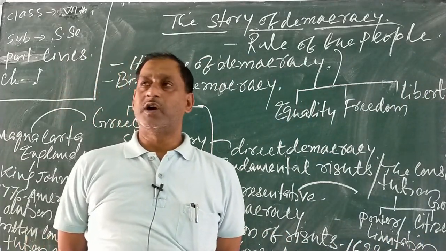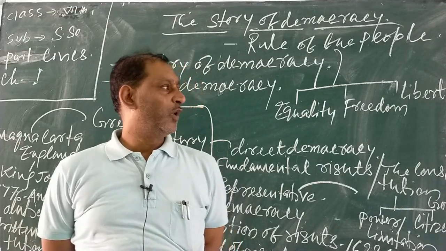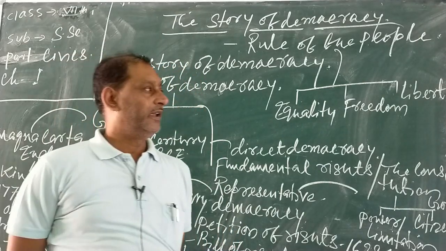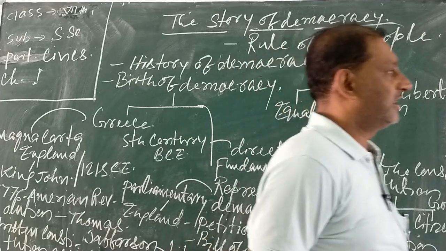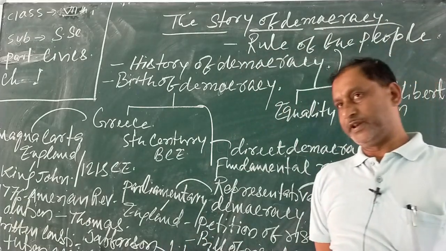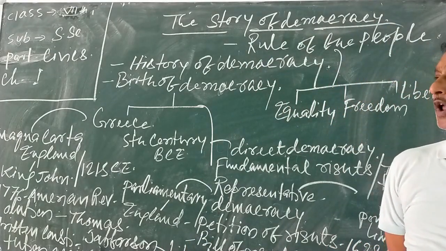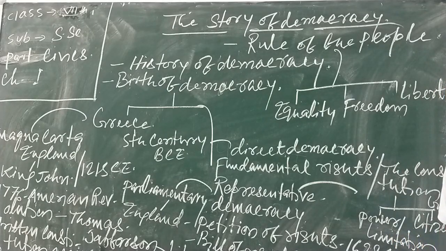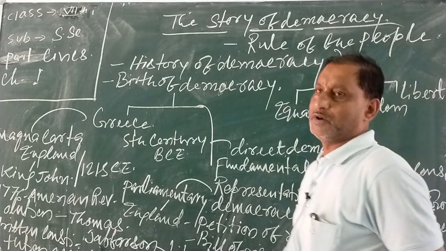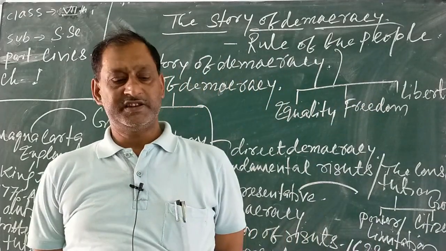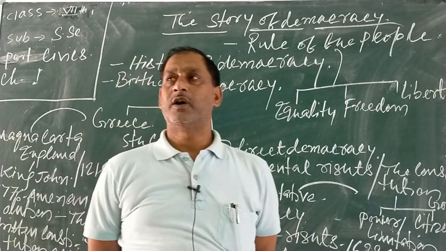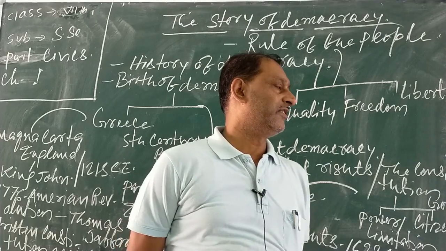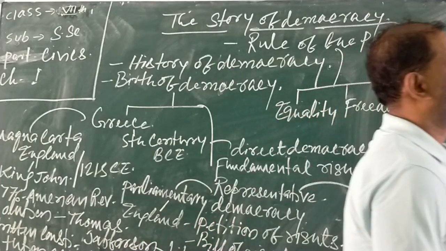Democratic ideas also highlight equality, liberty, fraternity, justice and adult franchise. All these matters are discussed in the introductory chapter 1 as well as the next chapters of the civics of standard 7 and the next classes.